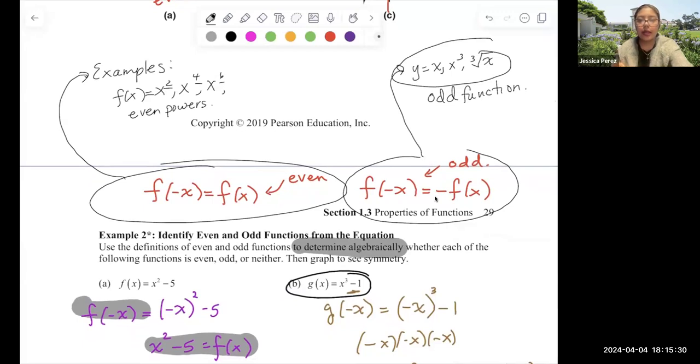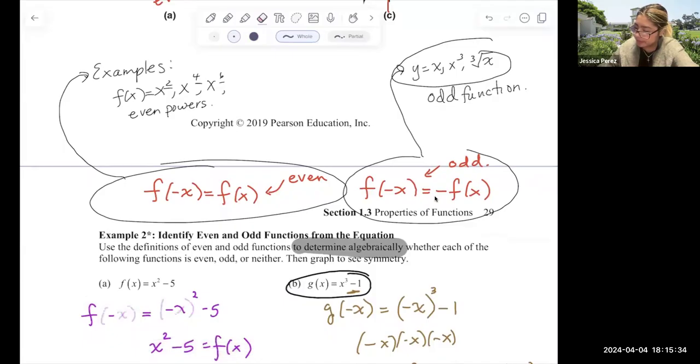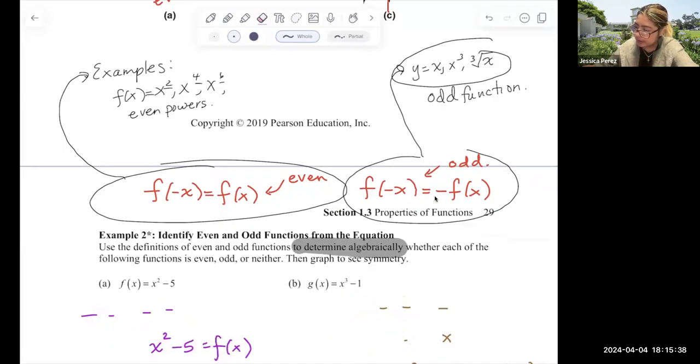So let's try doing example number 2. Let me get rid of this, because I don't want to show you the solutions. I want to be able to do them with you. Let's look at example number 2, identifying even and odd functions from an equation. So what if you're not given a graph, but you're given an equation?